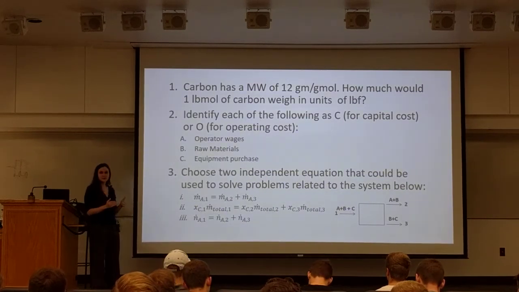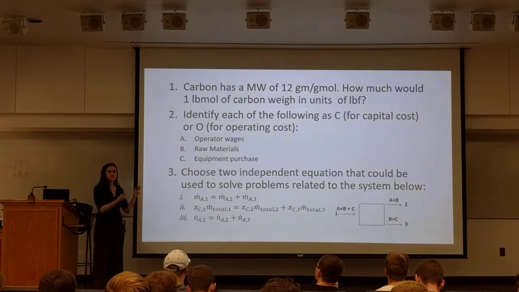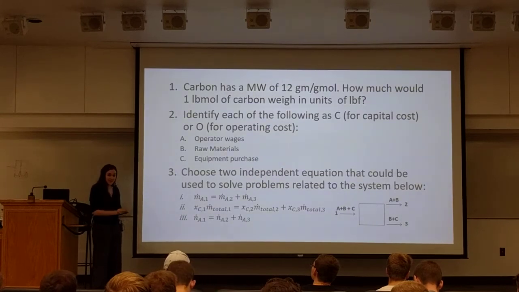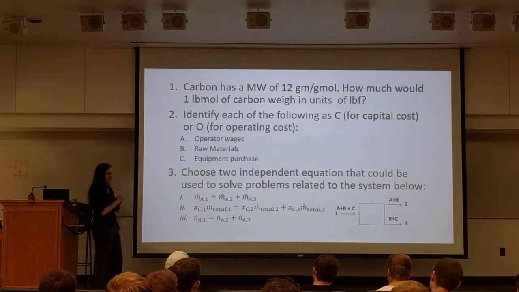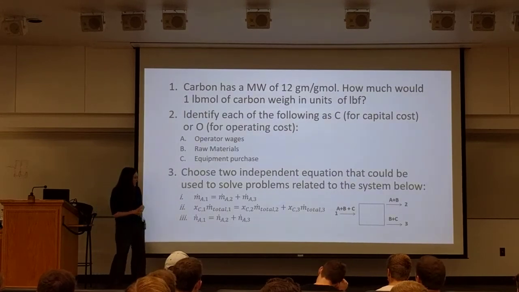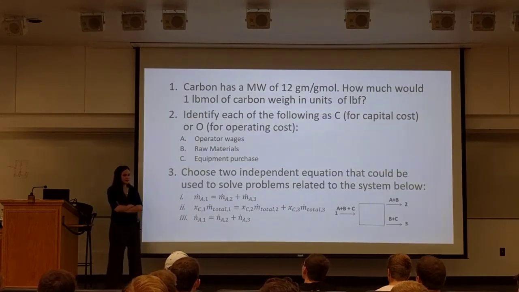Those balances turn into equations. But in order to use those equations together, we can only use them together if they're independent from each other. Okay, so there are actually 2 right answers here.